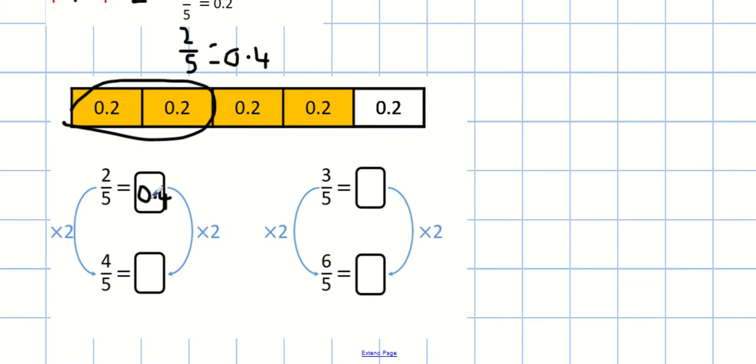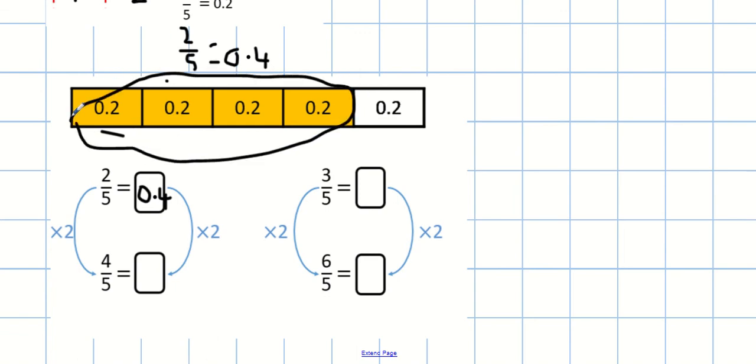I've doubled my 2/5 to 4/5, so I've doubled my 2 here. So what am I going to double? Yes, I'm going to double my decimal. So 4/5 altogether are going to equal 0.8. 4 lots of 0.2 are going to equal 0.8.